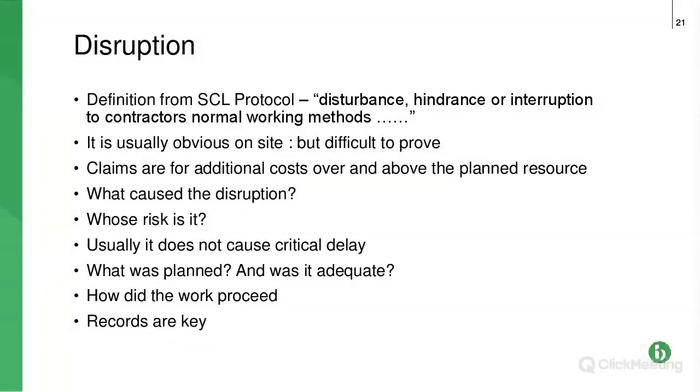So that's delay. I want to look at disruption very briefly, because we are very much getting into the realms of evidence here, and every case is different. So there's a definition in the SCL, that's the Society for Construction Law. I think it's actually called the Delay and Disruption Protocol.